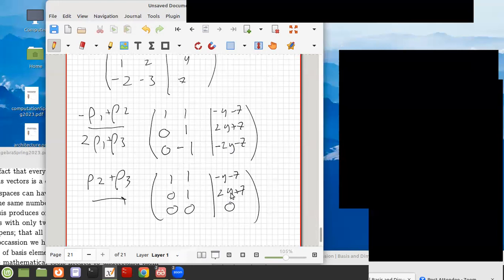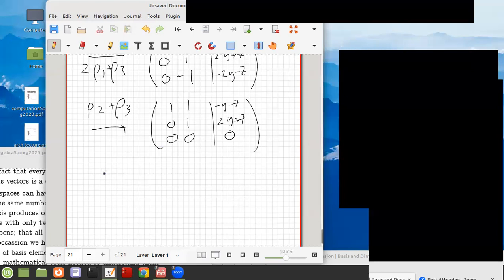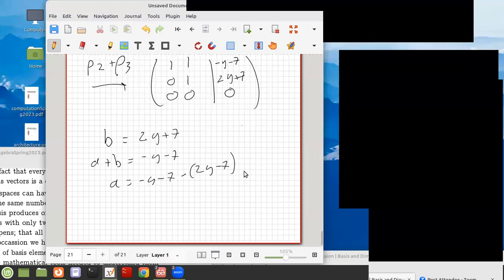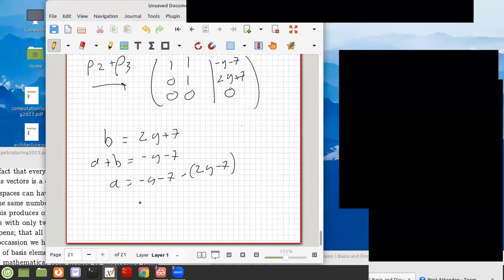So that's echelon form. And we can take the second equation and say, well, b equals 2y plus z, and a plus b equals minus y minus z. So a equals minus y minus z minus 2y minus z. And so that equals minus y minus 2y is minus 3y, and minus z plus z is 0.